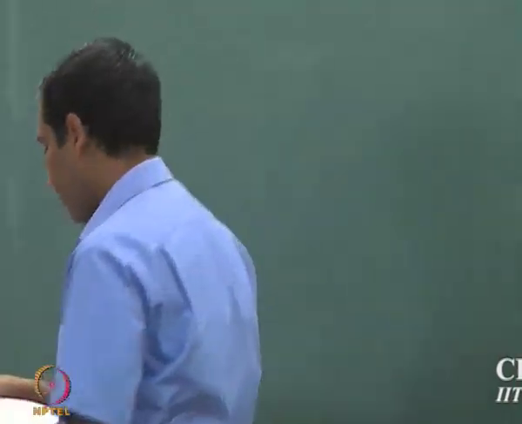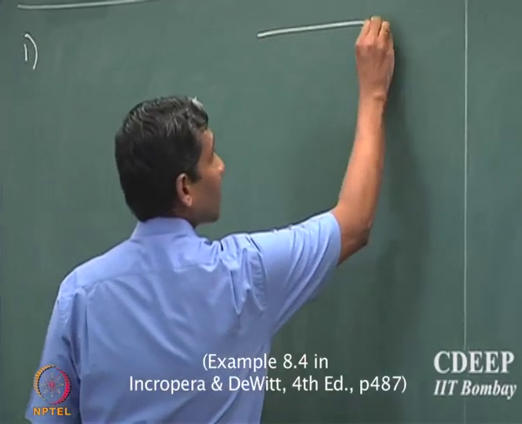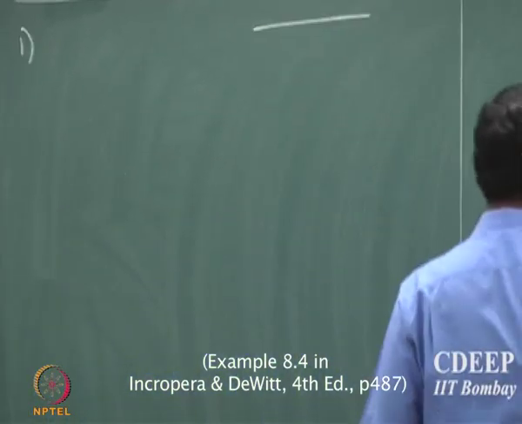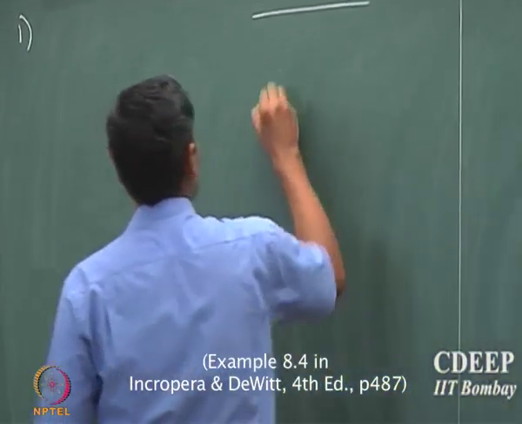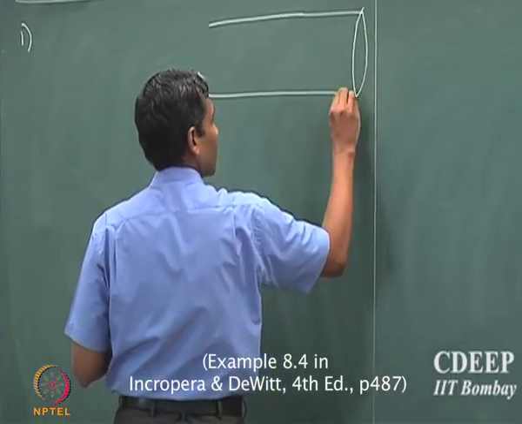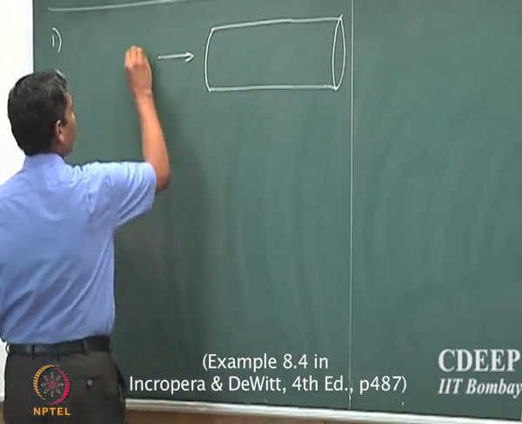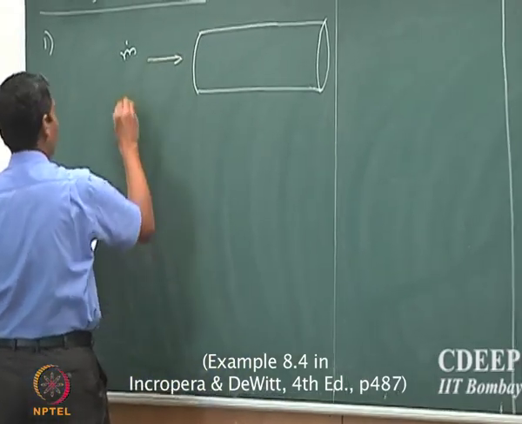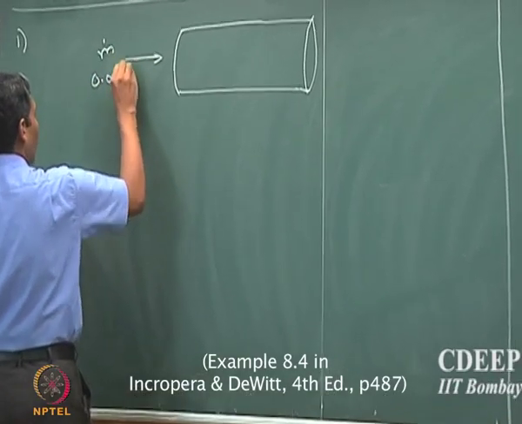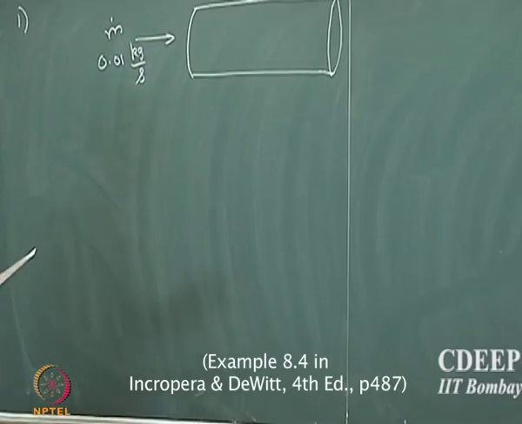So the first problem is a tube in which a fluid is flowing at a mass flow rate of 0.01 kg per second. Okay.